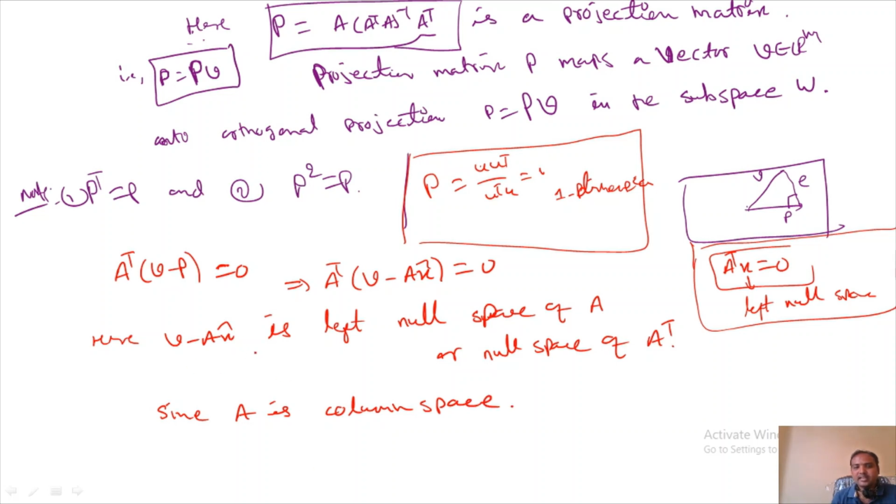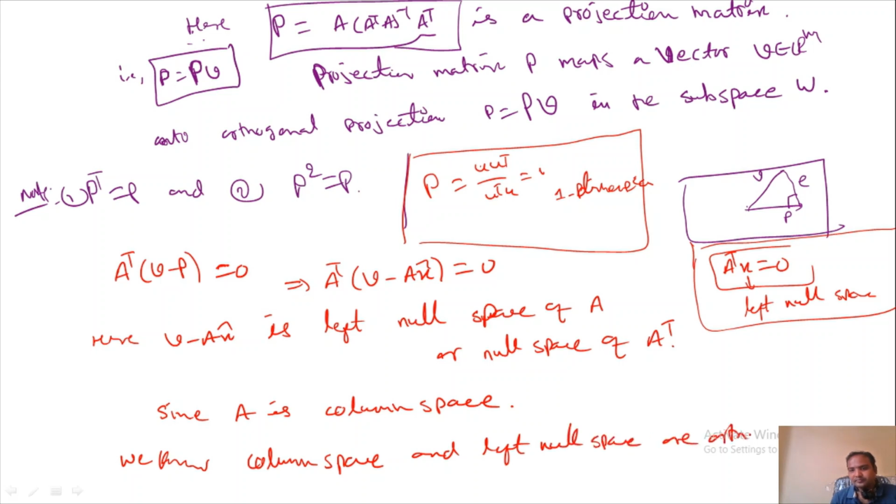Therefore, this V minus A X hat is in the left null space of A. You know the column space and the left null space are orthogonal. That means A transpose (V minus A X hat) is in the left null space. This is a solution set of the left null space.